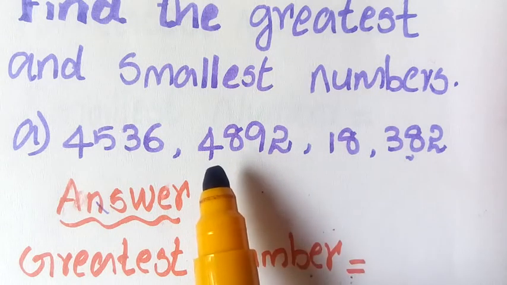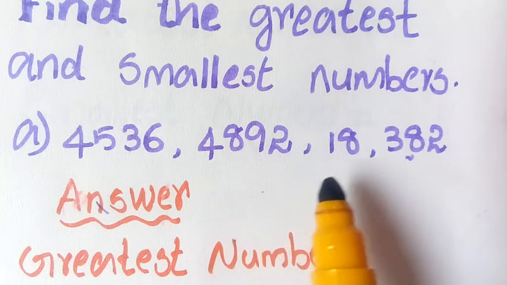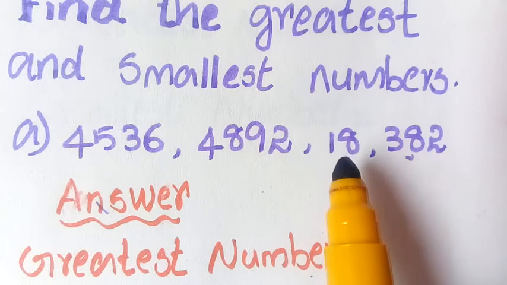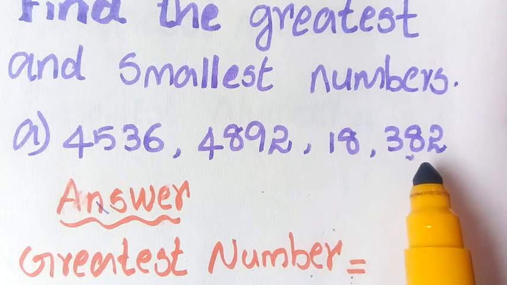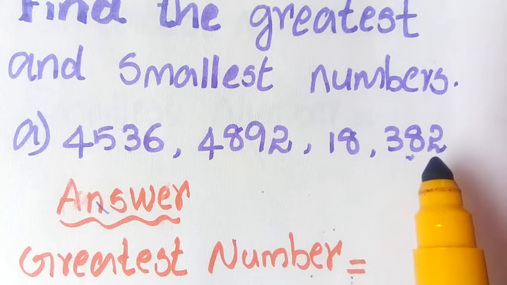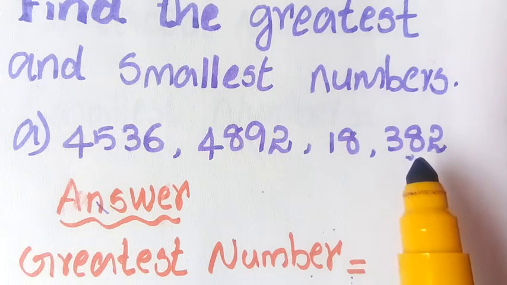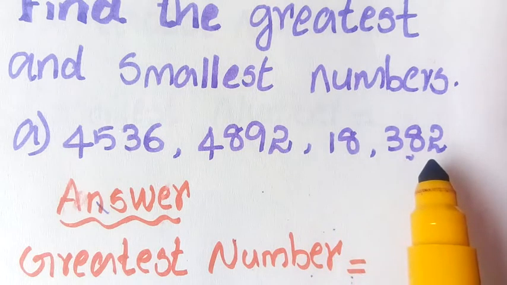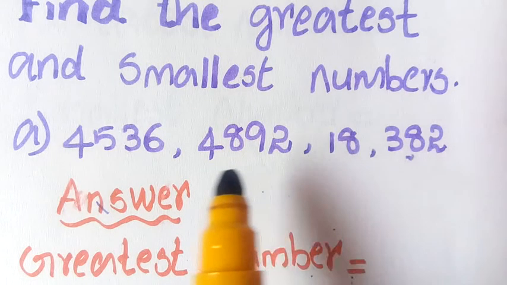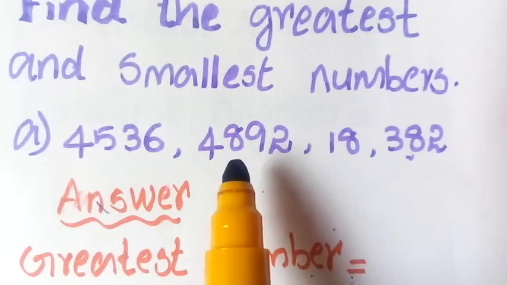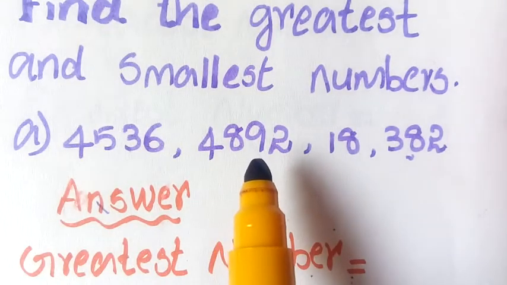It also has 4 thousands. 18 has 2 digits and it is in tens. 382 has 3 digits and the greatest place value is hundreds. So, 18 and 382 are smaller than 4536 and 4892. Is it not?